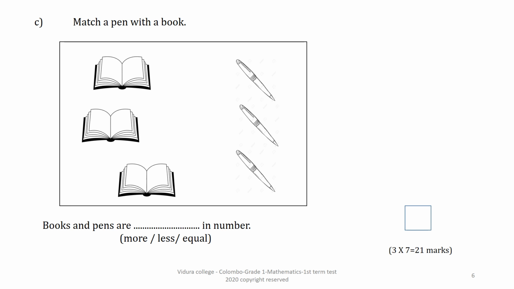Okay, now I'm going to read the sentence and choose the correct word and write it on the space. Books and pens are blank in number. Now select the correct word from the brackets and write it on the space.